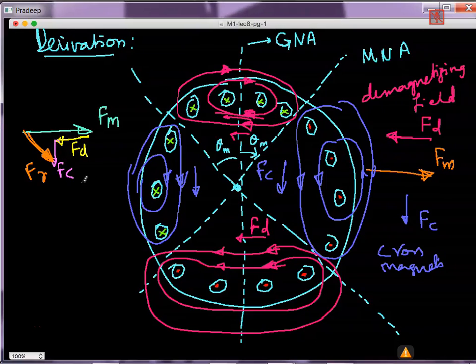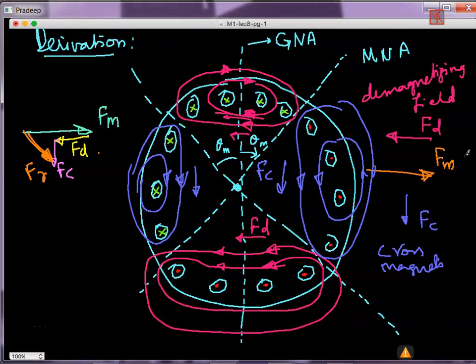The same effect we had seen before also. This is demagnetization and cross magnetization. So what you notice is demagnetization is caused because of the conductors placed in the 2 theta angle here. That will be useful for derivation.